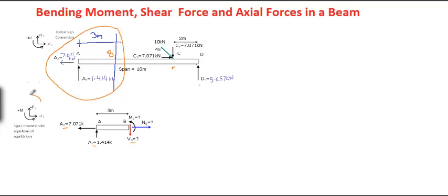As usual, we assume this sign convention: rightward force in x direction positive, upward force in y direction positive, and anti-clockwise moment positive. So now let's use summation of force in x direction equals 0, which will give minus Ax, which is opposite to the normal positive sign, so this is minus 7.071, plus NB equals 0.